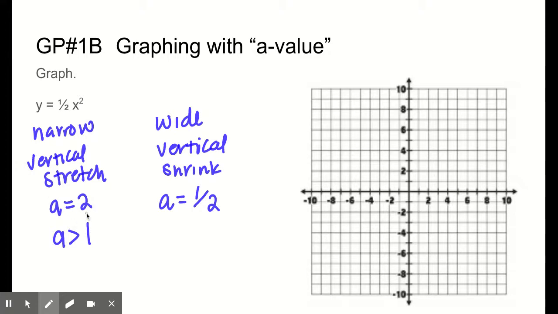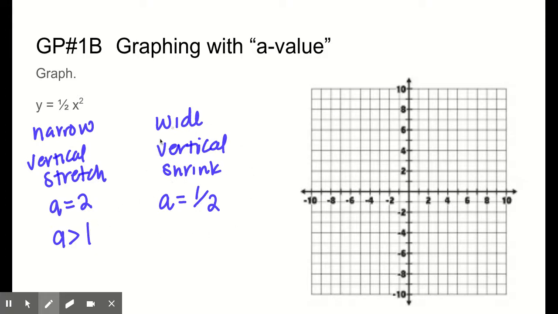So if you have an A value of any number greater than 1, it's going to cause a stretch. So 2, 3, 4, 5, etc. But even 1.25, 1.5, 1.75, any value that's greater than 1 is going to cause your graph to stretch.